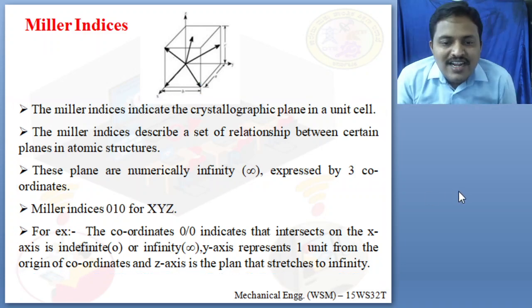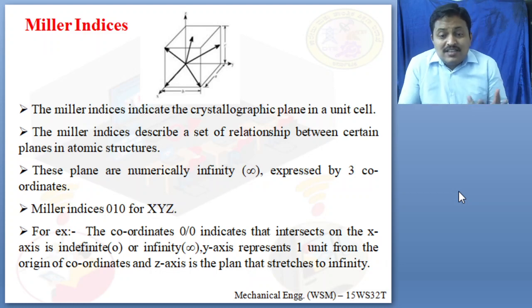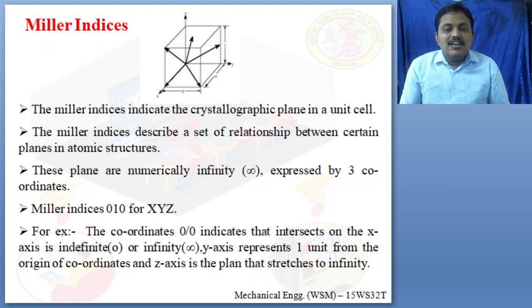So, in Miller indices 0, 1, 0 means x is 0, y is 1, z is 0. This is three-dimensional. It is usually used for x and y only, or y and z, or z and x, whatever combination you take. When there are 3 axes, there will be 3 digits, like 0, 1, 0, and they indicate the corresponding axis.